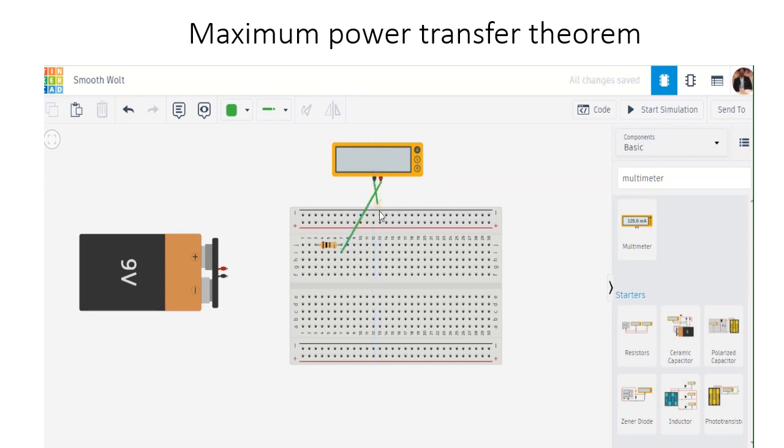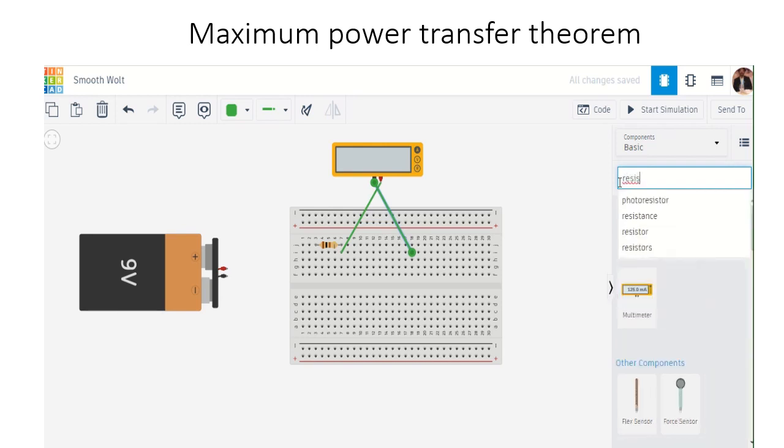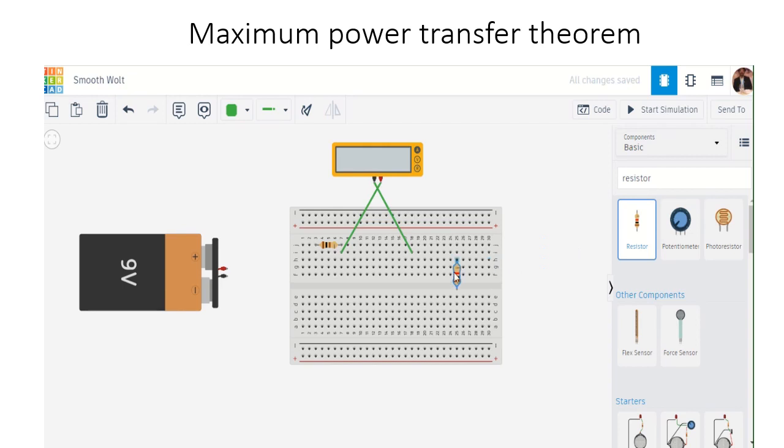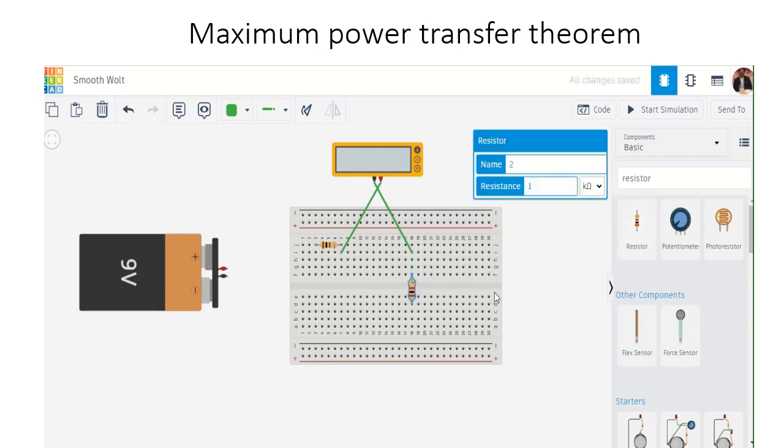The negative terminal of the ammeter should be connected to load resistor RL. So another resistor, and this is RL, the load resistor, which is going to be variable, and then we are going to close the circuit.